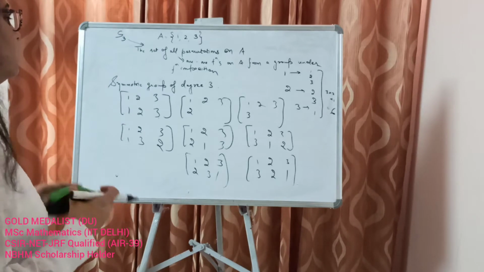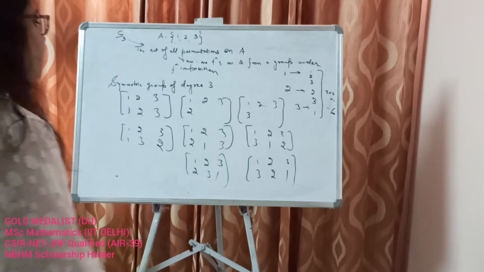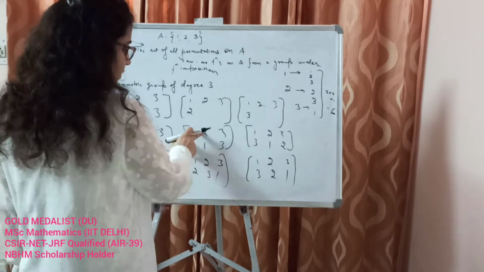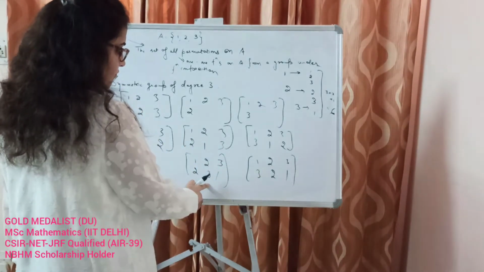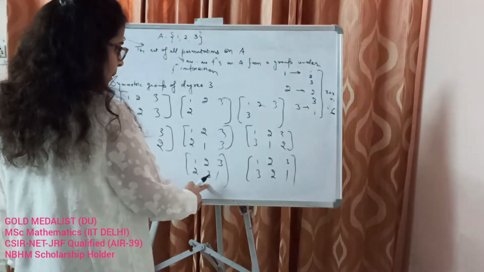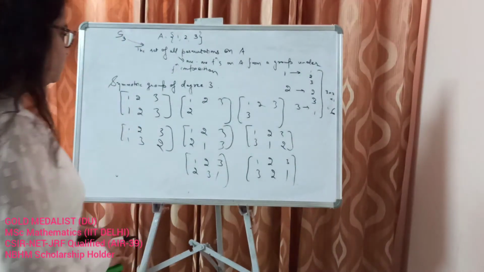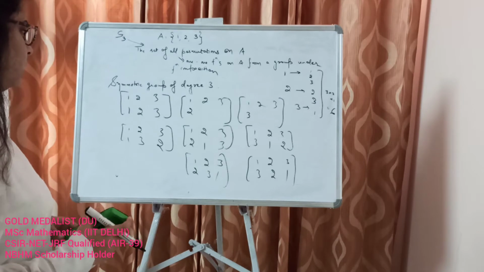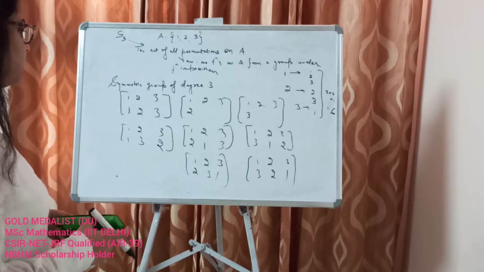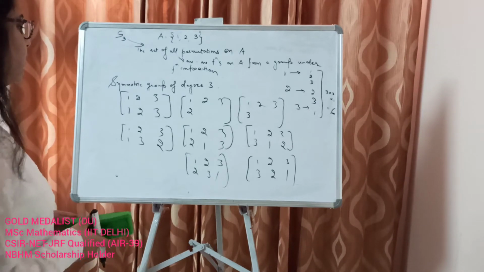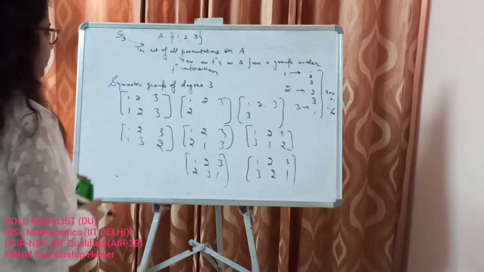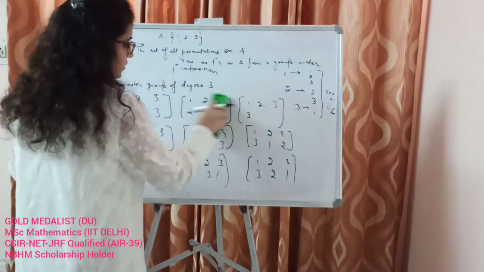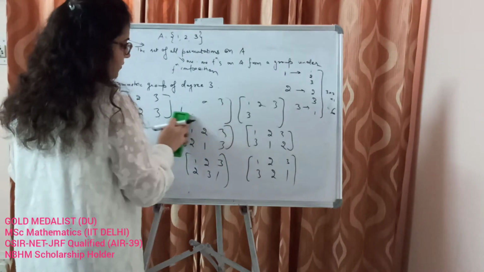Now, since 2 has already taken 1 and 3, it cannot take 2. We could have written it here itself. If 1 goes to 2, 2 has only the other options, so this is not an option for us.